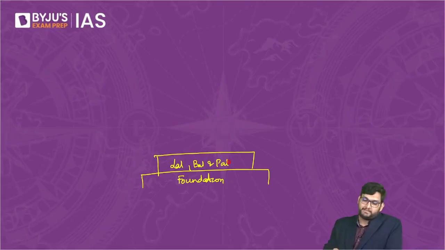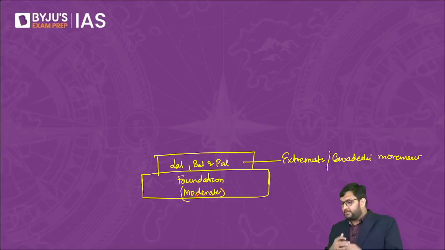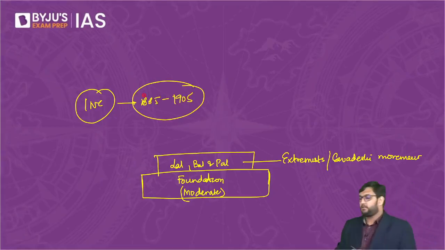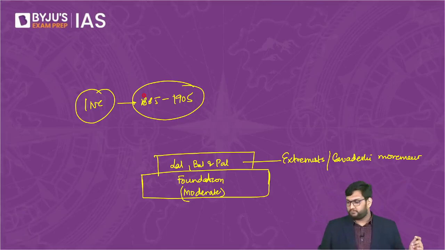The fact of the matter is, extremists, the Swadeshi movement, all these things could only exist because the foundation was laid by the moderates. The moderates allowed the INC to mature in the first 20 years and actually allowed the Indians to also change their mentality. We went from reforming colonialism to rejecting colonialism, and I'll discuss the moderates and extremist concept with you before we end.